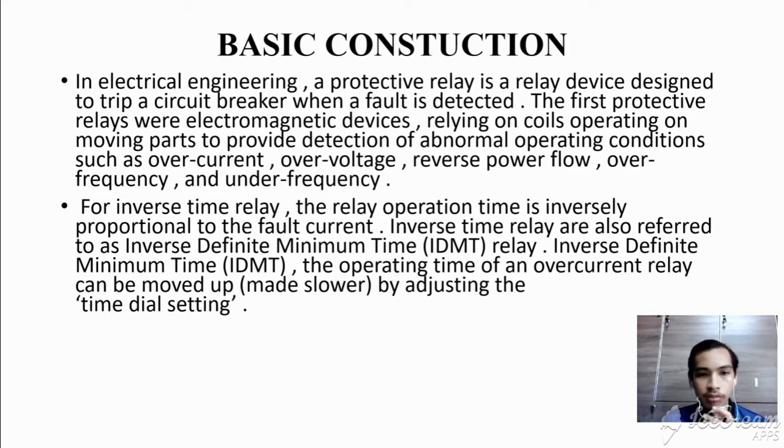For the inverse time relay, the relay operation time is inversely proportional to the fault current. Inverse time relays are also referred to as inverse definite minimum time (IDMT) relays. With inverse definite minimum time, the operating time of an overcurrent relay can be made slower by adjusting the time dial setting.